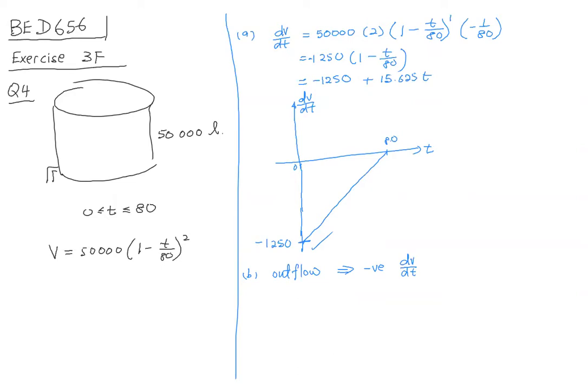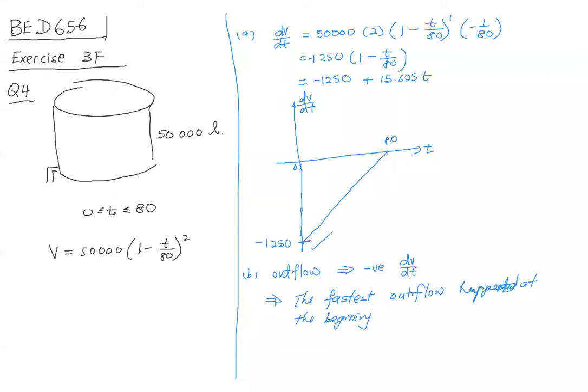So from the graph itself, you know that the fastest outflow happens at the beginning. Are you okay? The fastest outflow happened at the beginning.